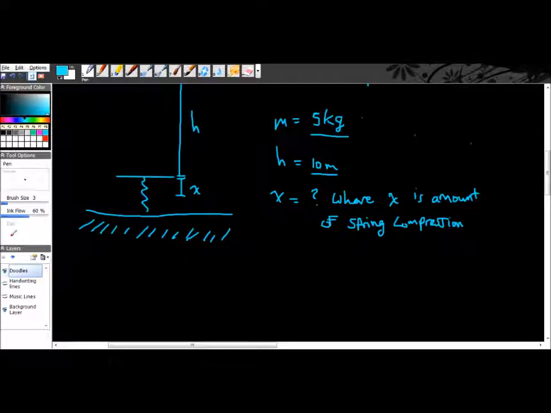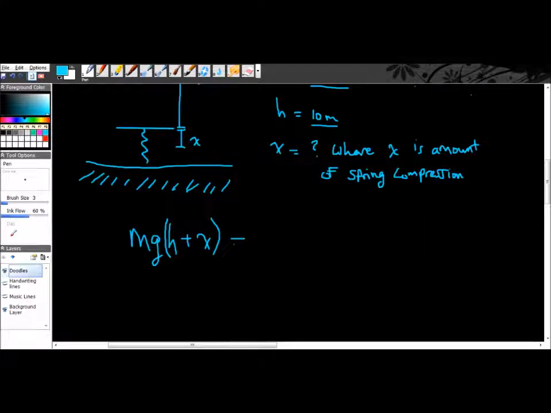So the full potential energy side of the equation is mgh plus mgx, which is the full height that the block falls. And that is equal to the energy of the spring, 1/2 k times x initial minus x final squared.